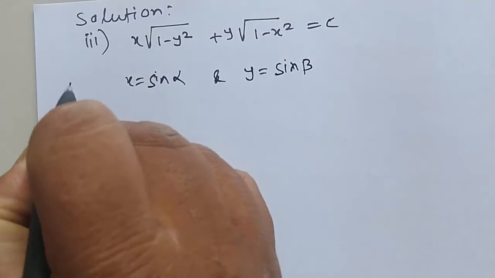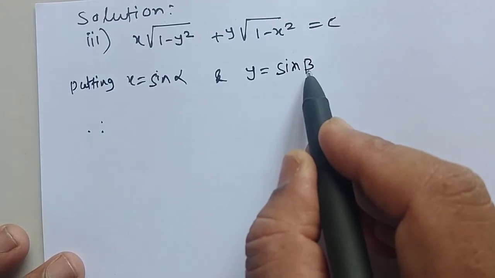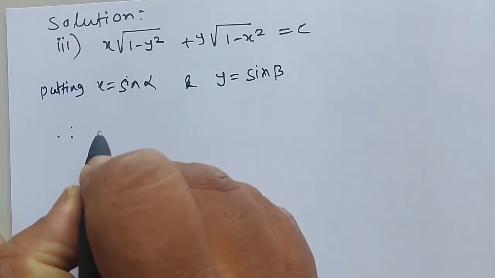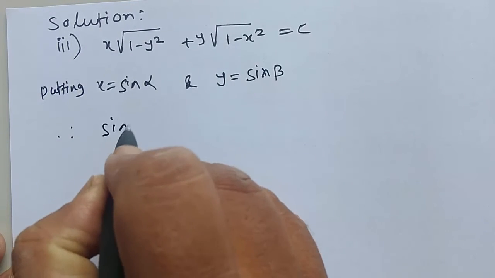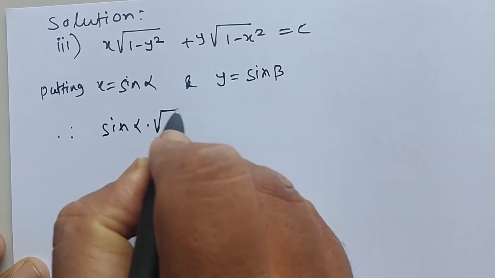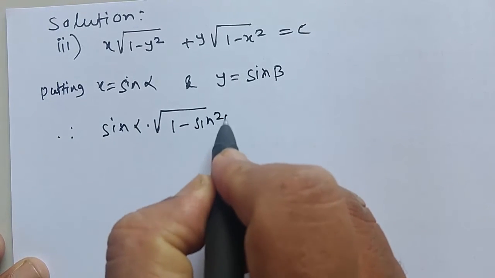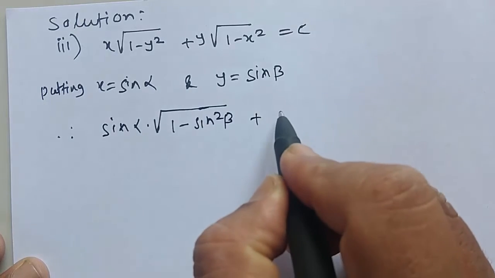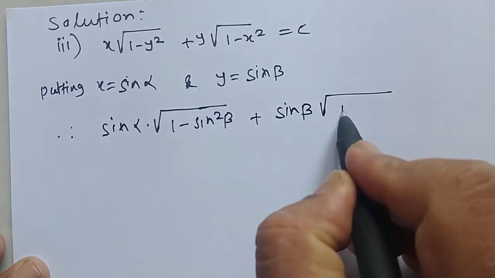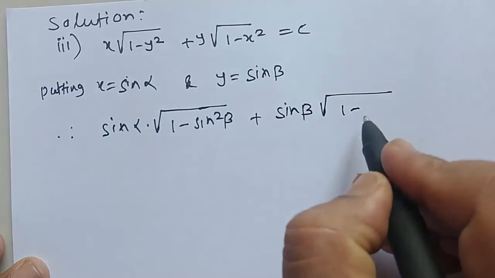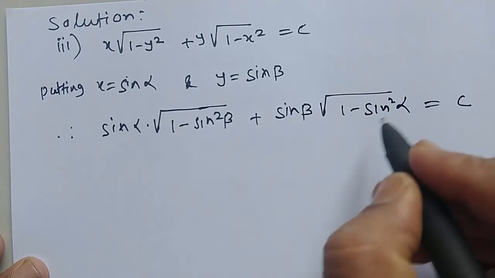Therefore, putting x is equal to sin alpha and y is equal to sin beta, the above expression becomes x is sin alpha into under root of 1 minus y square, y is sin beta, so it is sin square beta, plus y is sin beta under root of 1 minus x square, x is sin alpha, so it is sin square alpha, is equal to c.